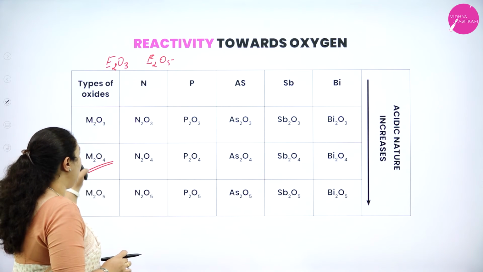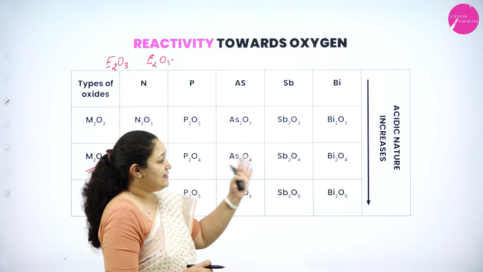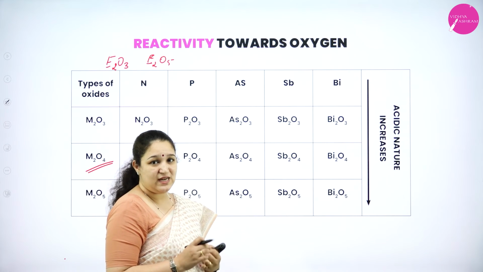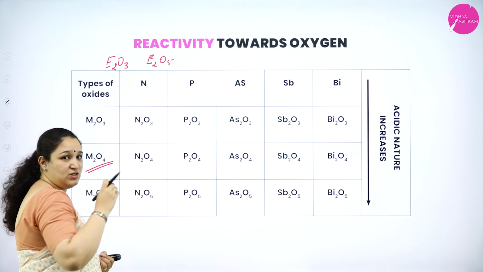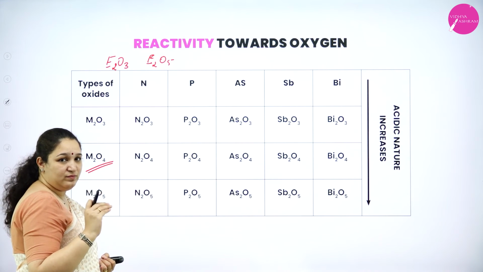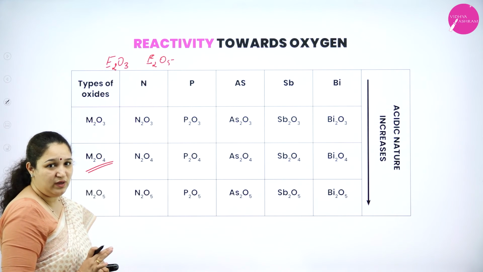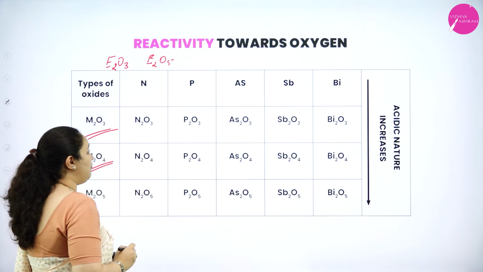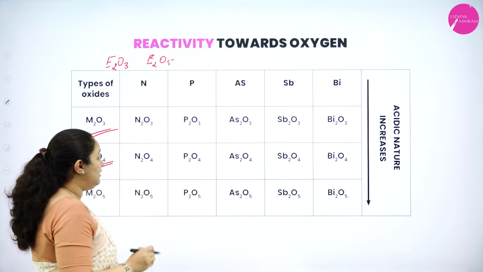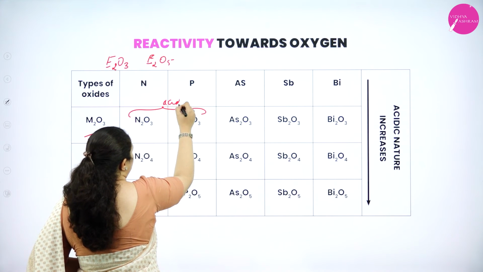Now as the oxidation number increases, their acidic nature also increases. That is, particularly if you take one after the other, as the oxidation state of that particular oxide increases, even the acidic nature also increases. Now if you consider E2O3 type of oxide, then here nitrogen and phosphorus oxides are acidic.